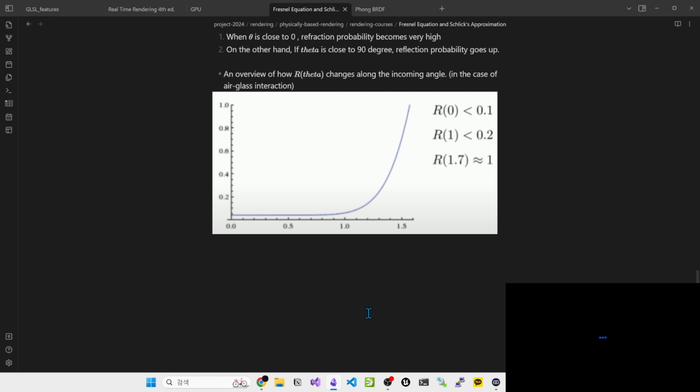Fantastic. Okay. Well, let's plot this. This looks like 1 minus cosine theta to the 5th. This is already fishy, but let's take a look. So I expect it to be 0. Let's plot it.